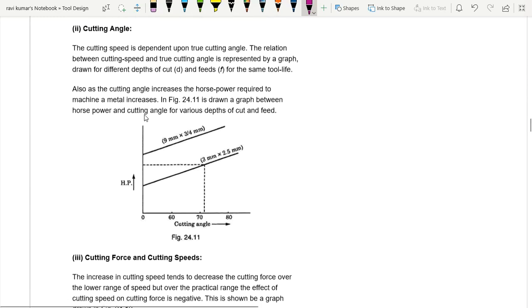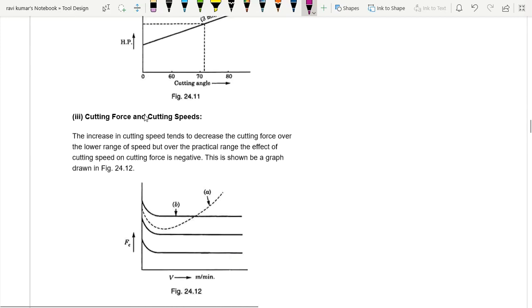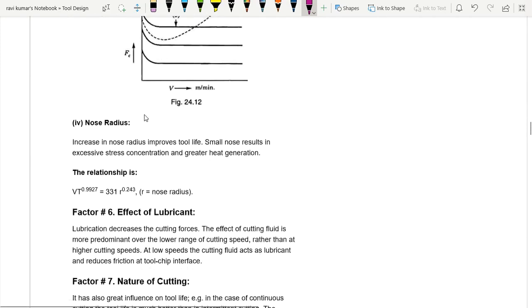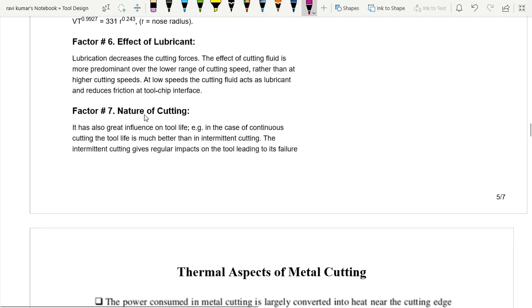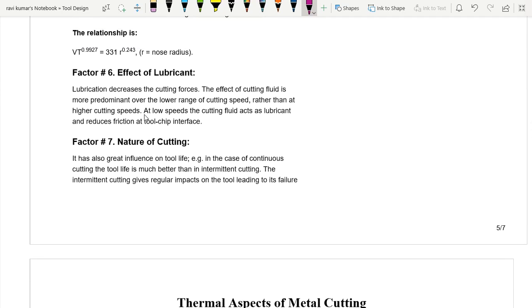Likewise, cutting angles, cutting force and cutting speeds, nose radius, the lubricant, nature of cutting, that means whether the cutting is intermittent cutting or continuous cutting. All of us are able to tell, if I have a lubricant, that is going to reduce the forces and therefore the life of the tool is more, I can go for more cutting speed.